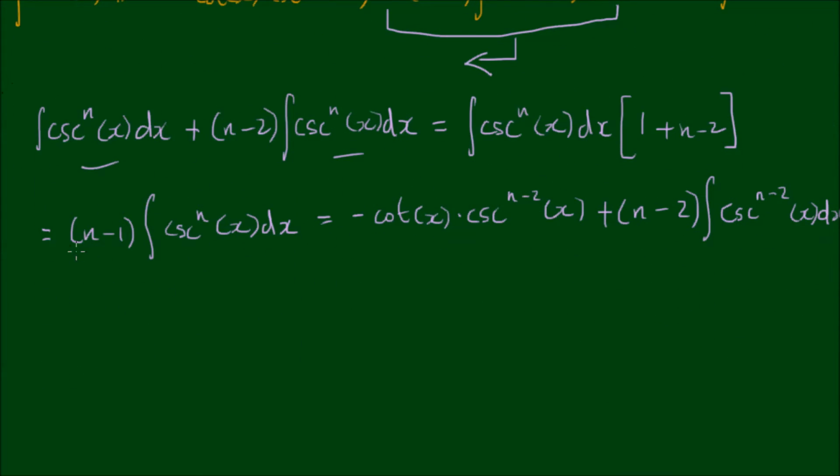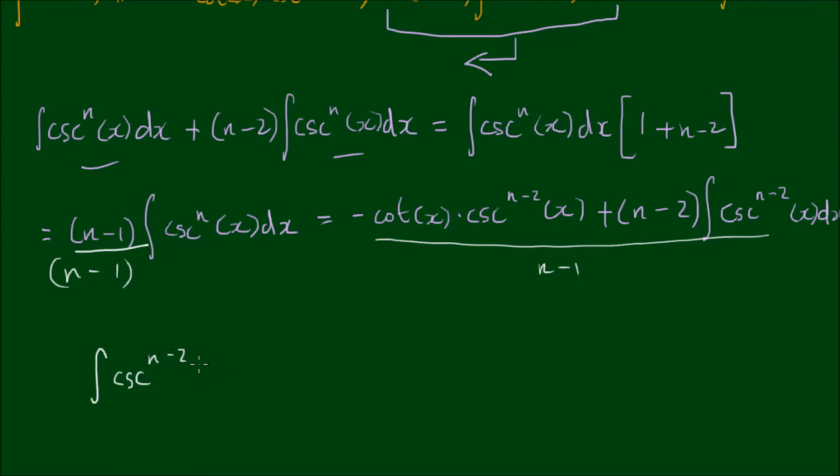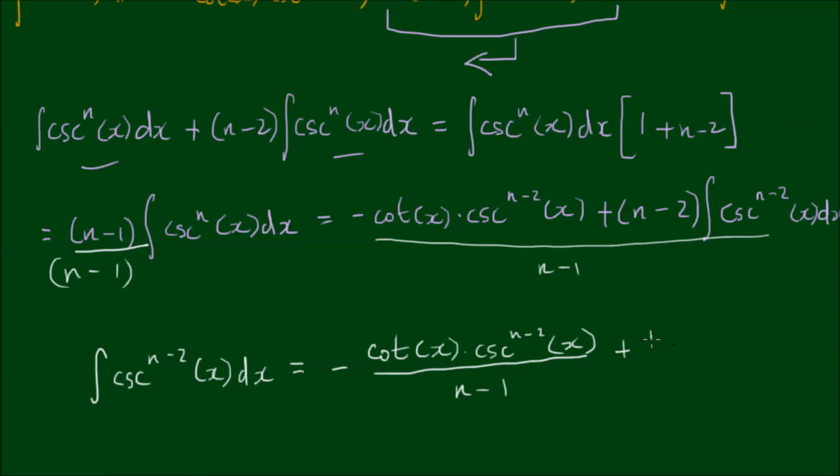Now all that's left to do is to divide both sides of the equation by n minus 1. So that gives us on the left hand side the integral of cosecant to the nth power of x with respect to x is equal to negative of the cotangent of x by cosec of x to the n minus 2 divided by n minus 1 plus n minus 2 on n minus 1 by the integral of cosec of x to the n minus 2 power dx.